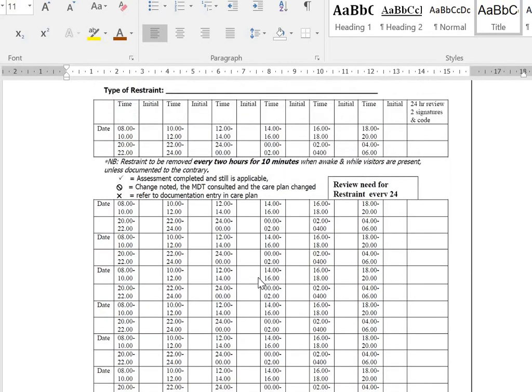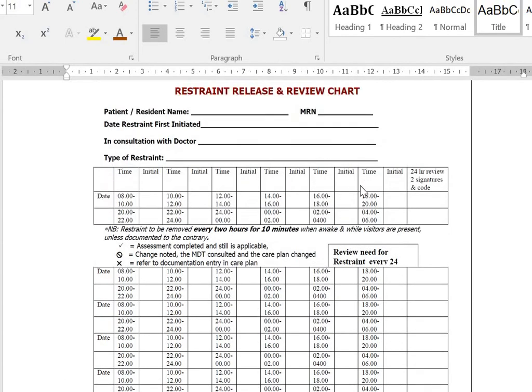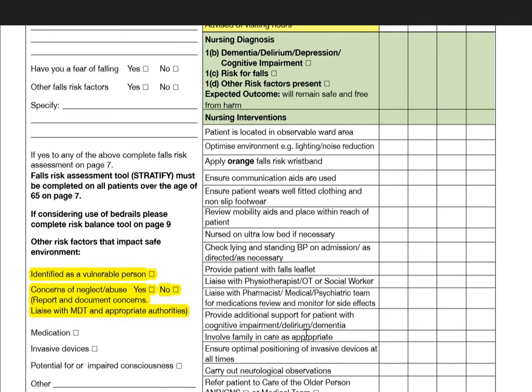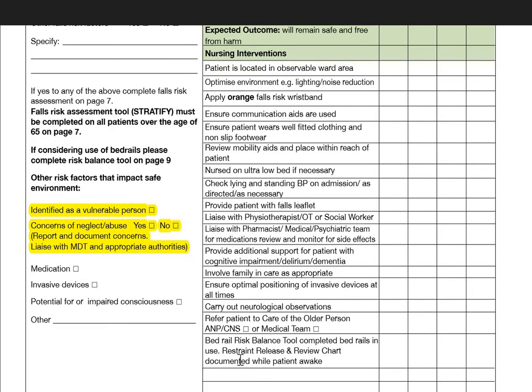So that's a form that is used for all restraints, and if we're using bed rails, we need to complete this form. If we are using bed rails, it needs to be documented within the patient's care plan also. Here is the last intervention: bed rail risk balance tool completed, bed rails in use, restraint, release and review chart documented while patient awake. So we initial and date there if we are using bed rails.